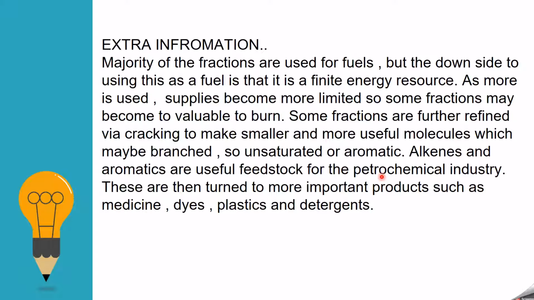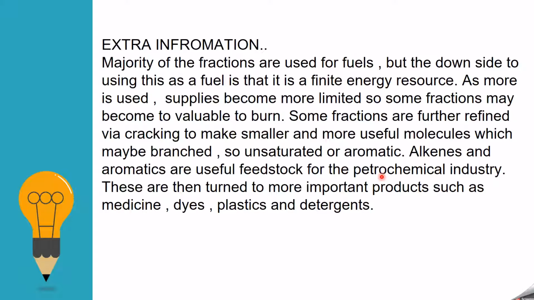So some fractions are further refined via cracking, which we will look at later on, to make smaller and more useful molecules, which may be branched, saturated or aromatic. Alkenes and aromatics are useful feedstock for the petrochemical industry. These are then turned into more important products such as medicines, like paracetamol and ibuprofen, dyes, plastics, and detergents.